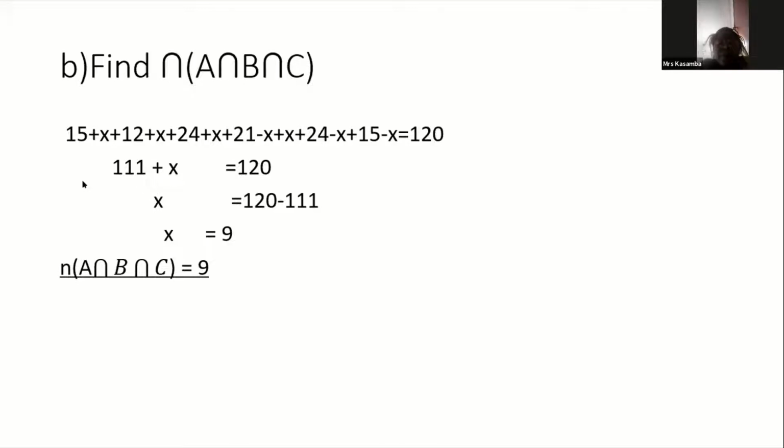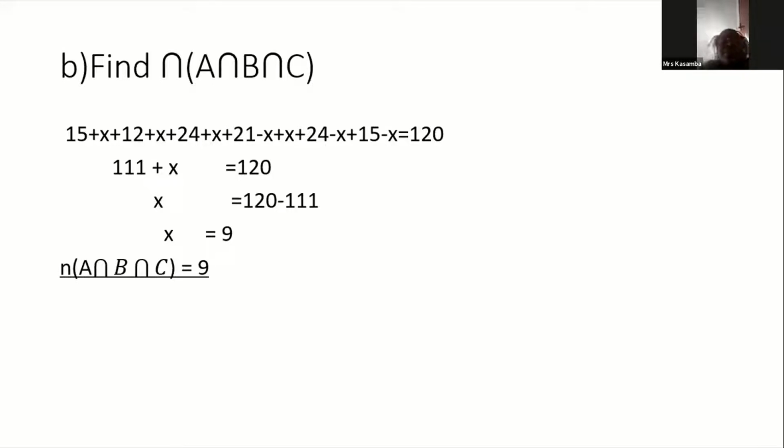Just to add on, Alvin, it's very important that when we have the 3-Venn diagram, we always start from the center. That center caters for the intersection of the 3 sets, A, B, and C. So we always start from there and then we move outwardly.